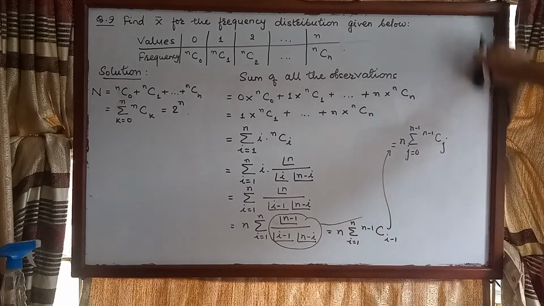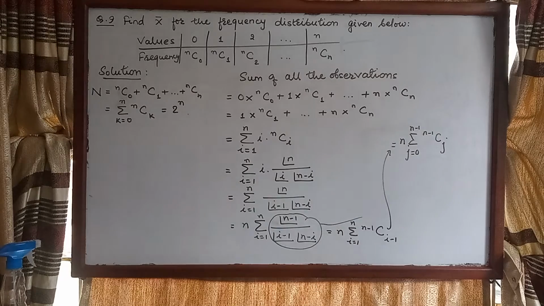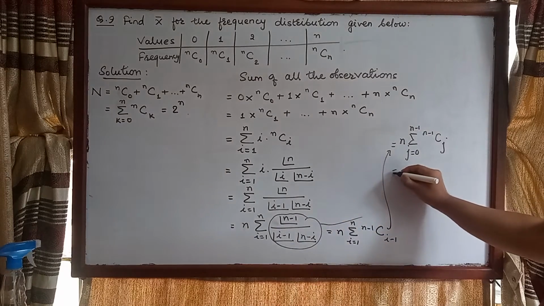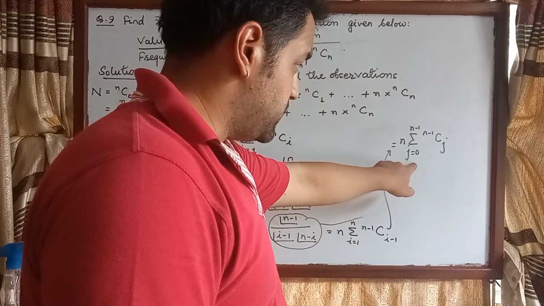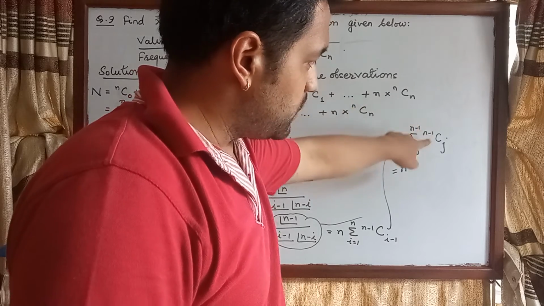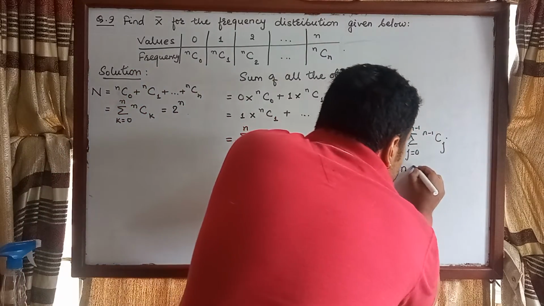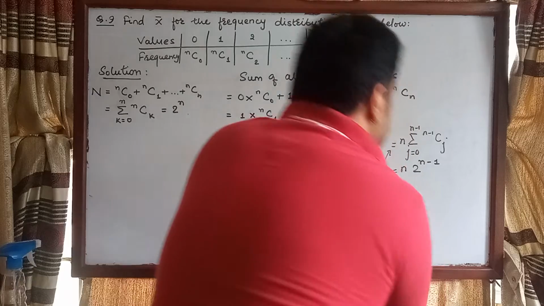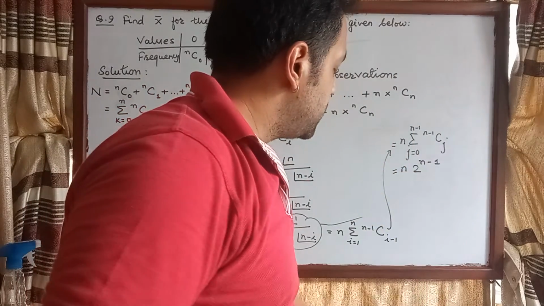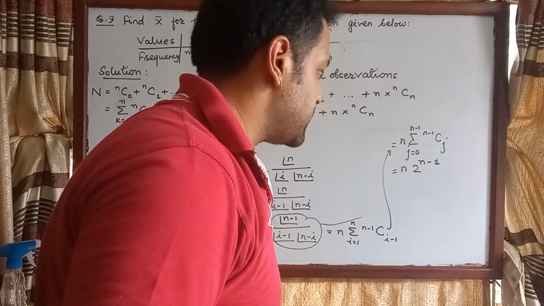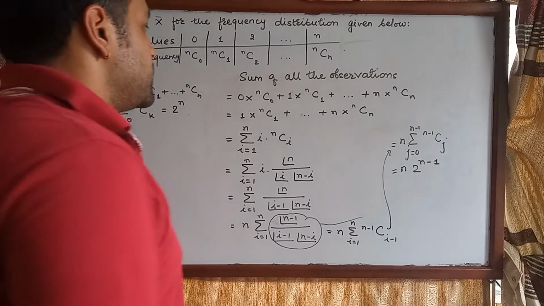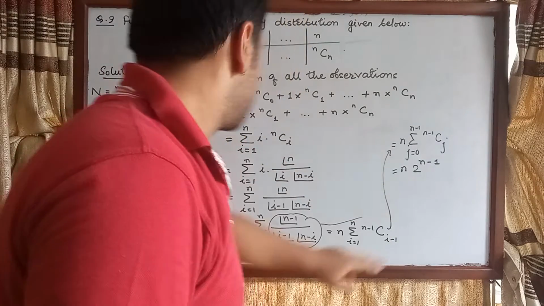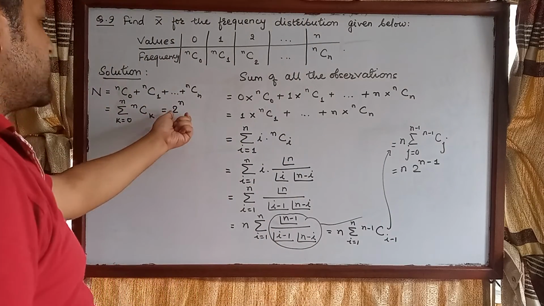So basically, we keep n as it is, and j runs from 0 to n minus 1. This is something like what we discussed just now: n times 2 raised to the power n minus 1. So the sum of all the observations is this much, and the total number of observations is this much.